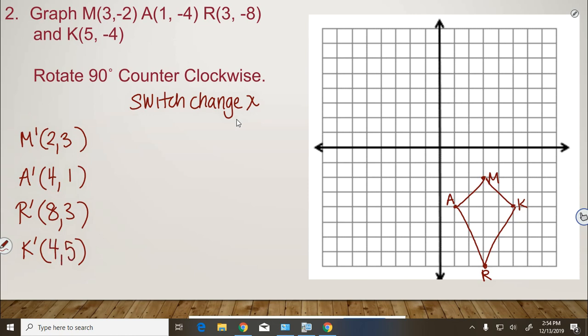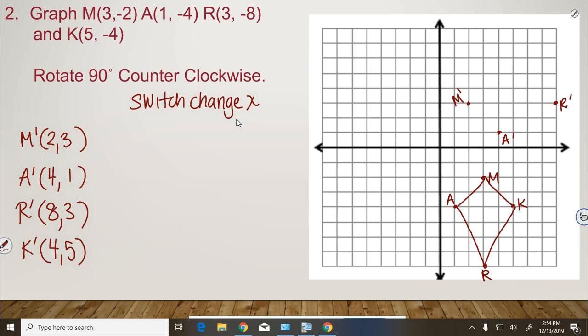So now, because I'm rotating counterclockwise, I would expect it to come up into this quadrant, and we'll see by our new coordinates that that's what happens. So right 2, up 3 brings M prime here. Right 4, up 1 brings A prime here. Right 8, up 3 brings R prime here.